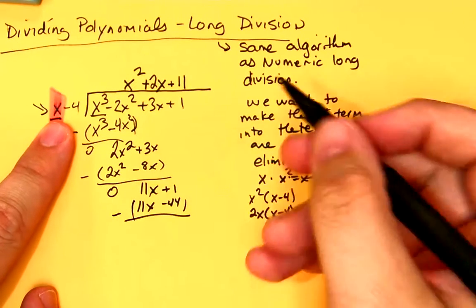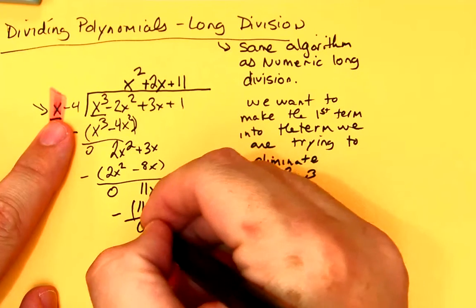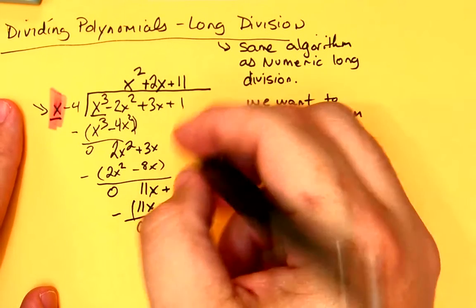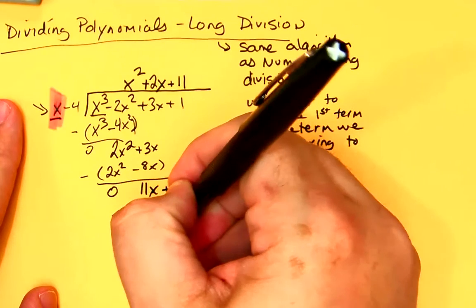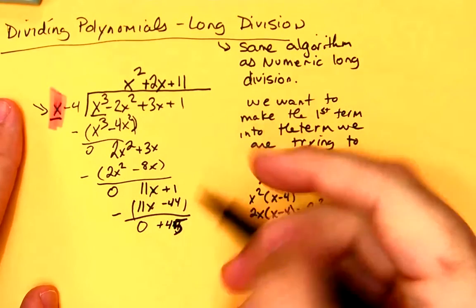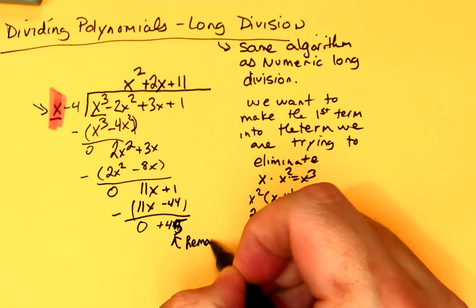Then I'm going to subtract, and I'll get 11x minus 11x is 0, which is what we want. Then 1 minus a negative 44 is positive 44. No, positive 45. Sorry. This is what we call a remainder.